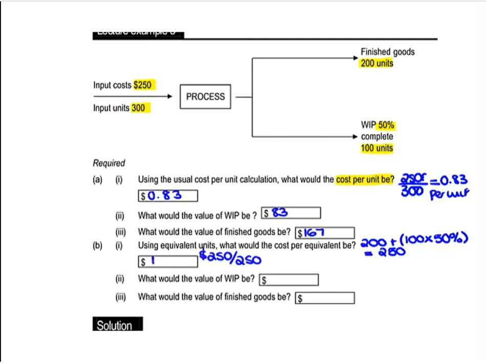So that's $1 per unit. This means that the work in progress is worth 50 and the finished goods are worth $200, and that seems much more equitable. So we're going to use this concept then of equivalent units to value any work in progress that we have at the end of the period.